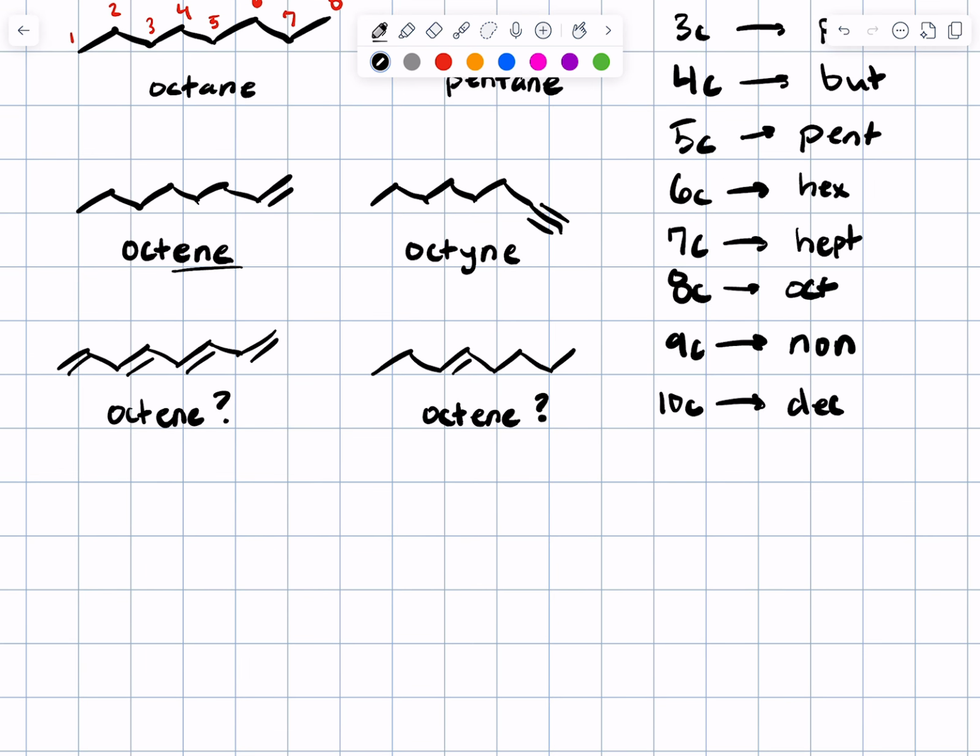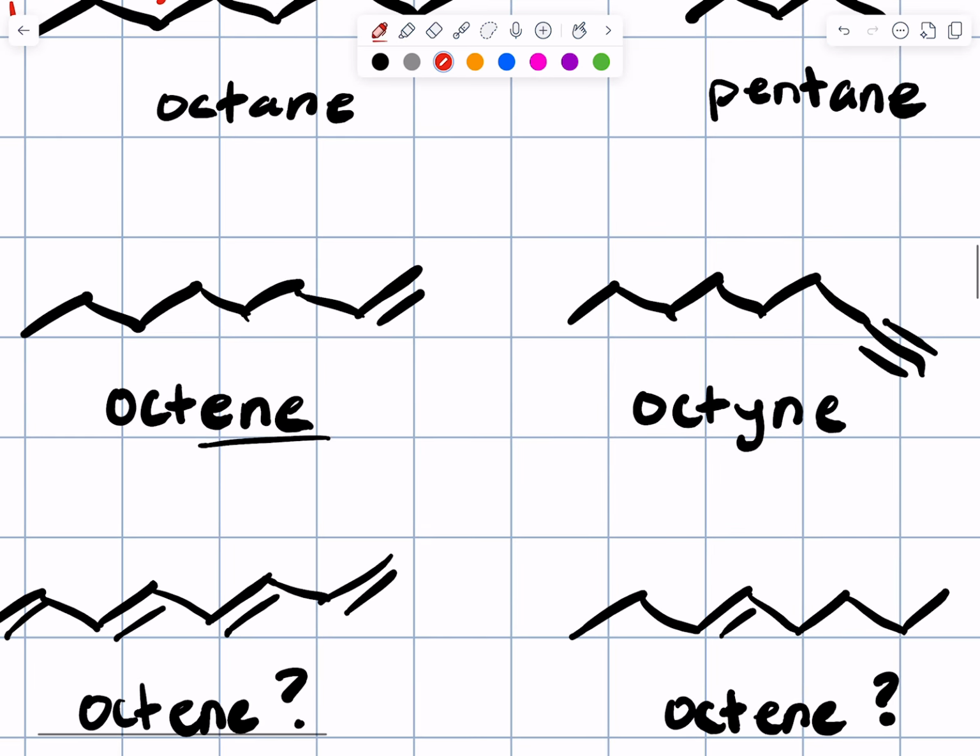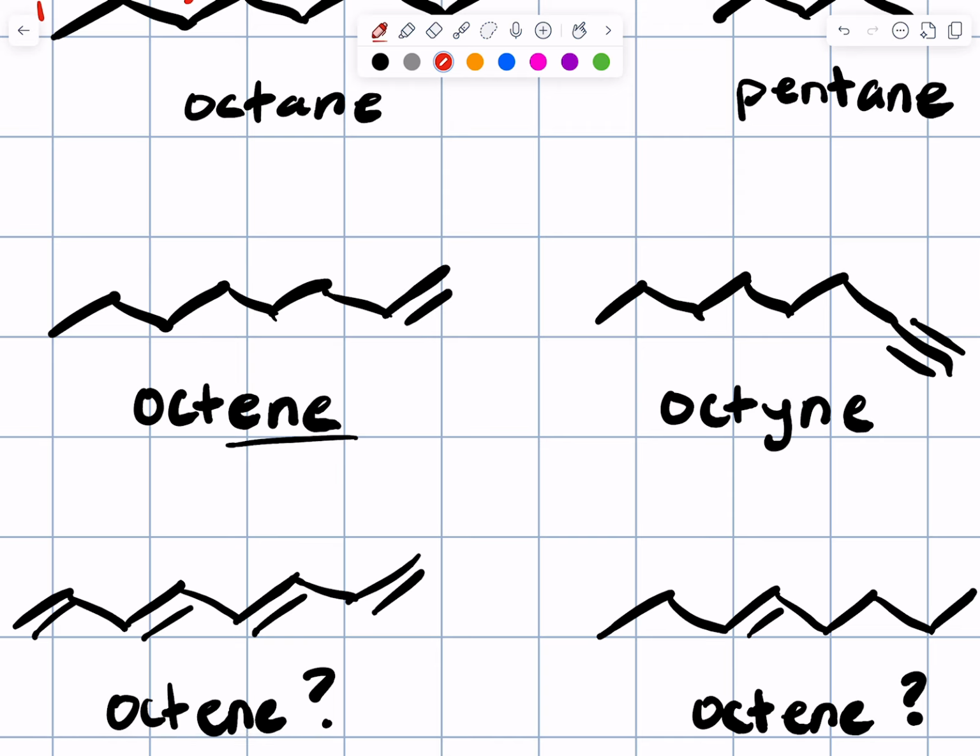So what I can do to specify a little bit more information is I can number my carbons, and I can start by telling us the location of this double bond or this triple bond. So if I have, let's look at these two here, this octene and octine, the first ones. I want to number my carbons to give the lowest numbering to my double bond, my triple bond. So my two options, I can go from left to right.